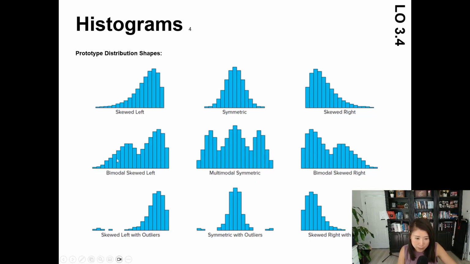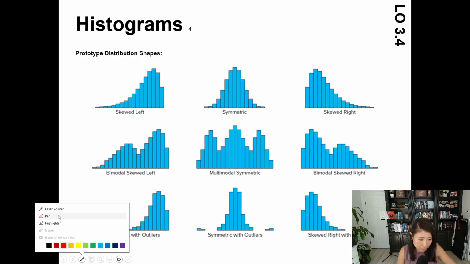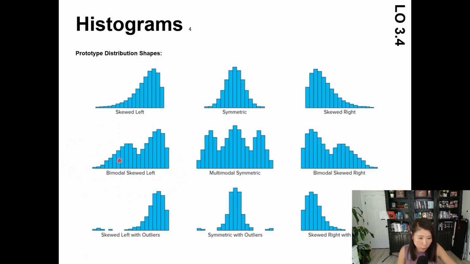Okay, so the first one in the second row has two peaks, so therefore it's bimodal. And it's skewed to the left because the tail is stretching toward the left. And the third one also has two peaks and the leg stretches to the right, so we call it bimodal, two peaks, and skewed to the right.